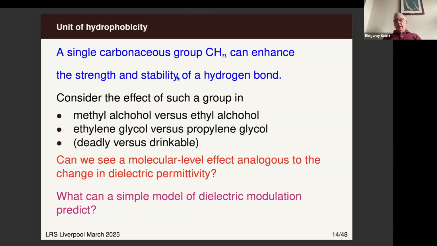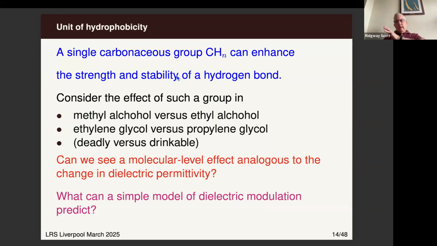Now, what's a unit of hydrophobicity? We didn't know this at first. We knew that hydrophobic effects were important, and we looked around at different parts of side chains and tried various different measures. We came up with the simplest one and the most effective one as being a single carbonaceous group.